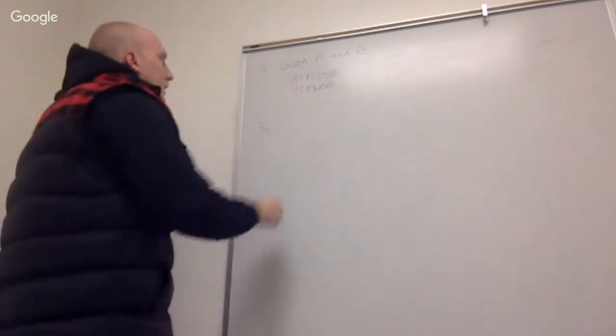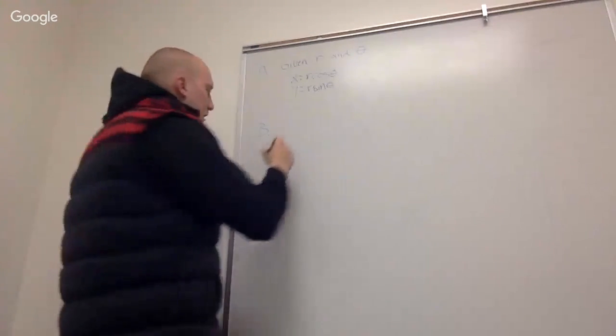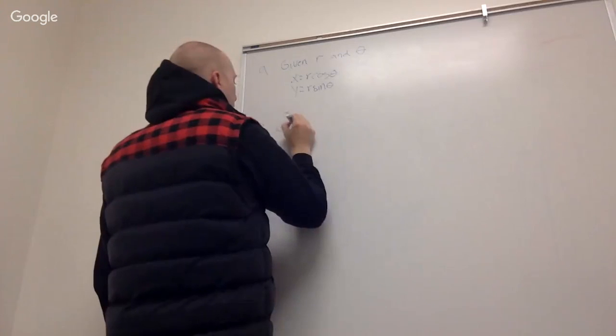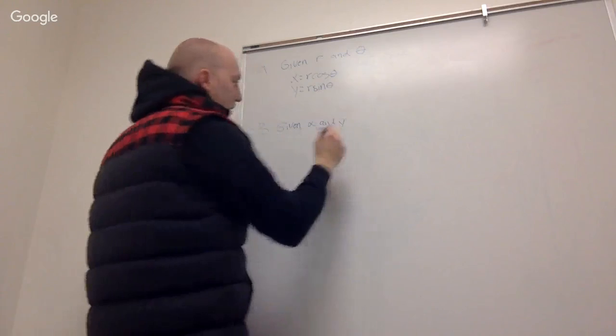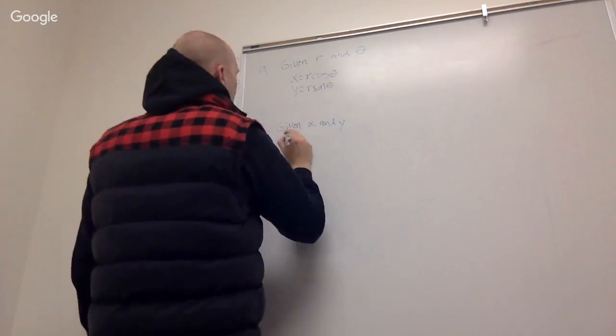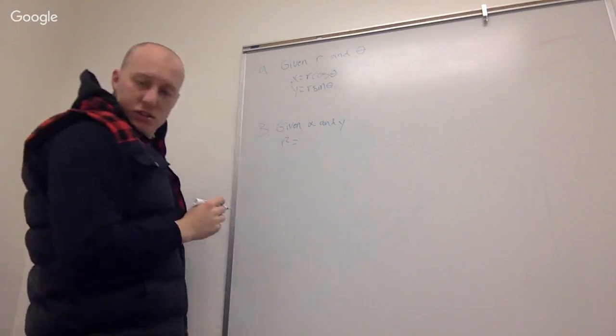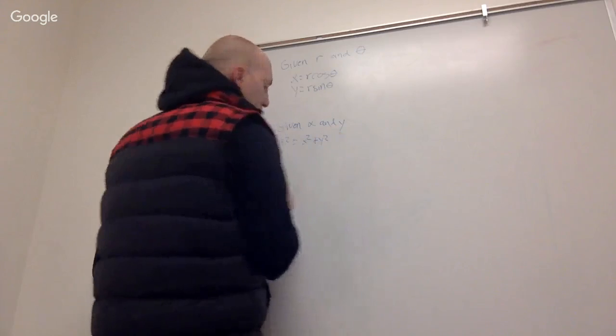Okay. So for this one down here, when we're given x and y, this one's a little more complicated. There's r squared equals x squared plus y squared.